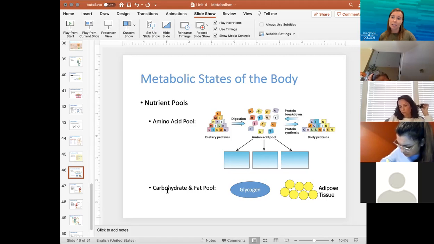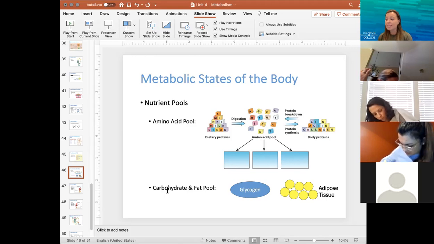They have to be converted into something else first. And carbohydrates and fats can be stored as they are. Carbohydrates are stored as glycogen. Fats are stored exactly as they are in adipose tissue. They don't even have to be converted into something different.